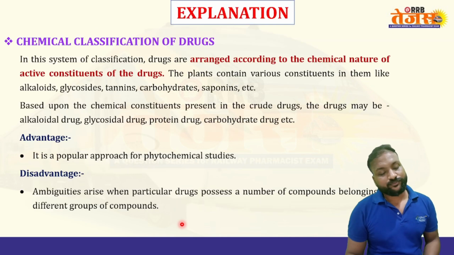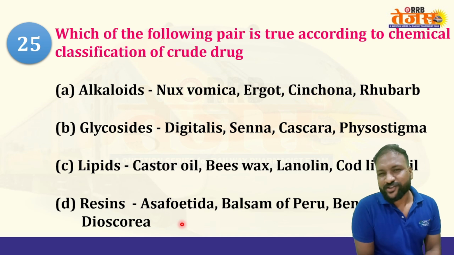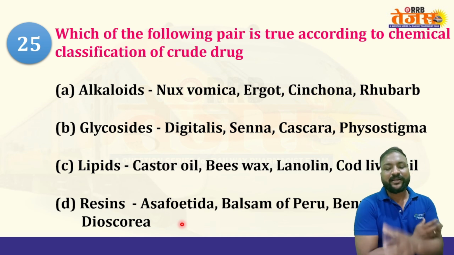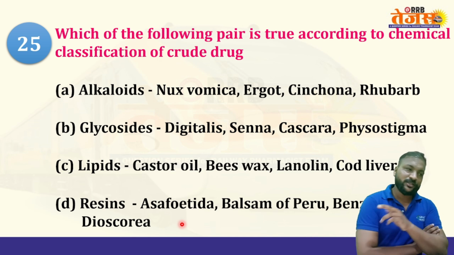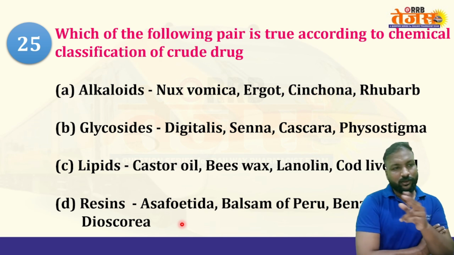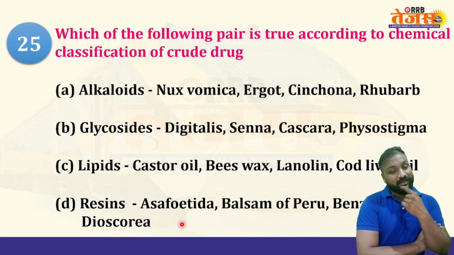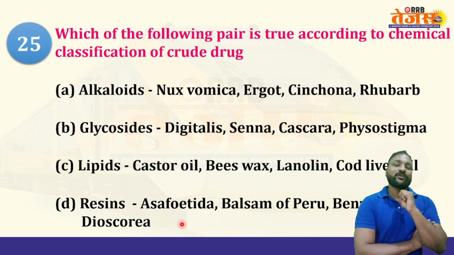The 25th question in this series. We're almost done, so have some patience. Which of the following pairs are true according to the chemical classification of drugs? Just before this, two slides back, we saw a question asking which are not true according to the morphological classification.